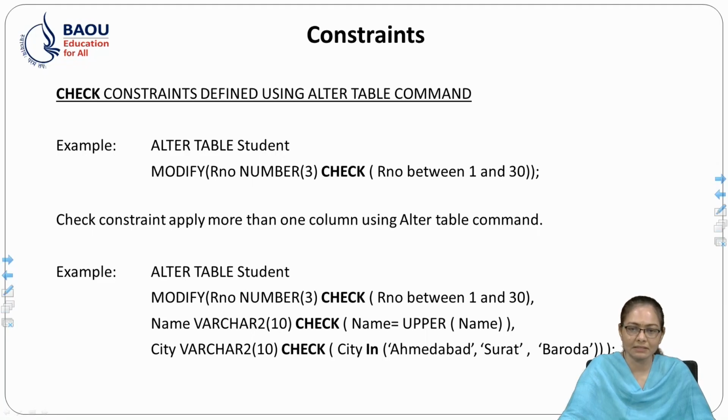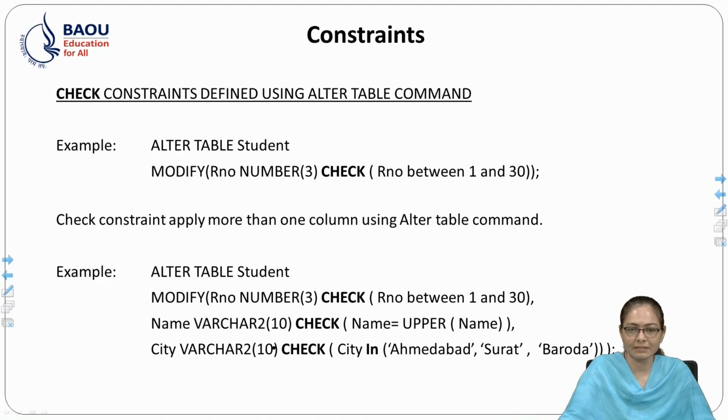Here we insert the data into the name column, then it will convert into uppercase letters and store in the name column. Now city, we define that the city column contains only 3 cities, Ahmedabad, Surat and Baroda.